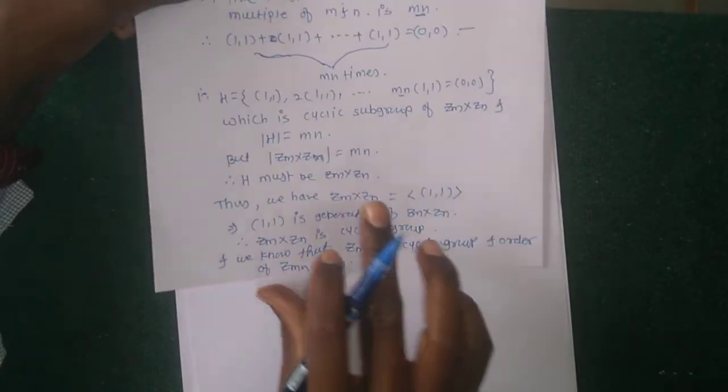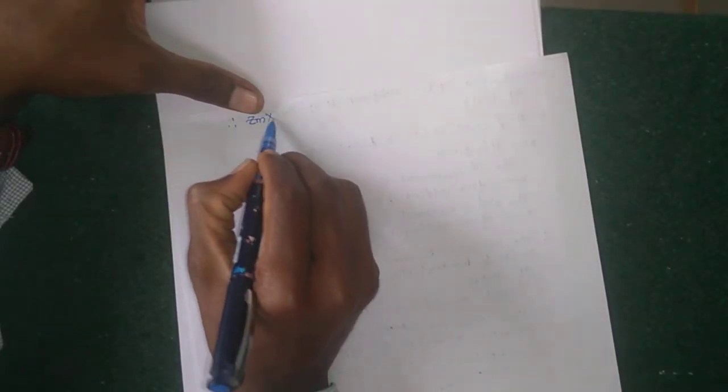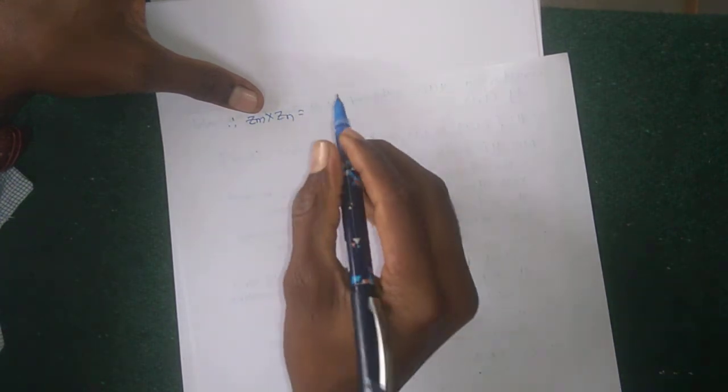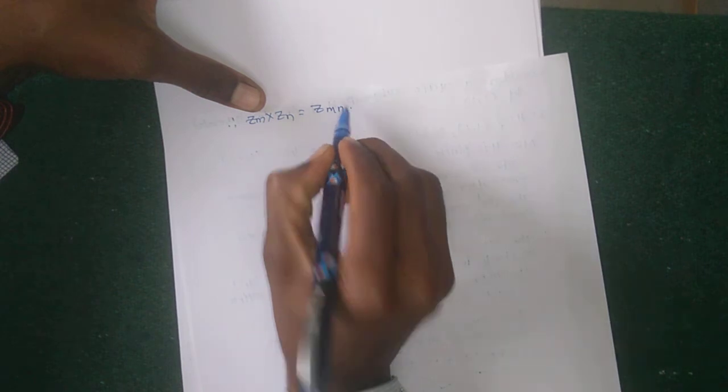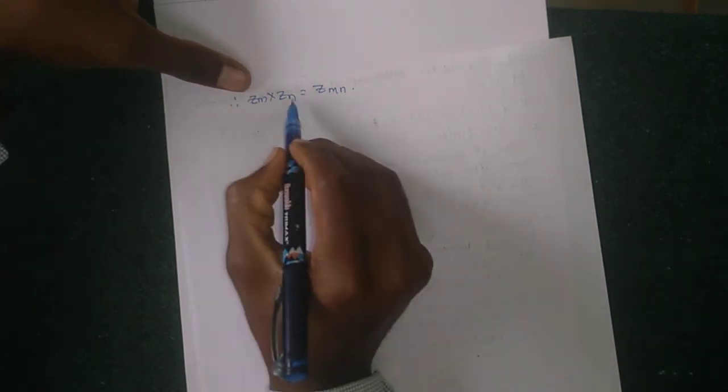Therefore Zm cross Zn is equal to Zmn, because the order of both sets is the same. That is, Zm cross Zn is isomorphic to Zmn.